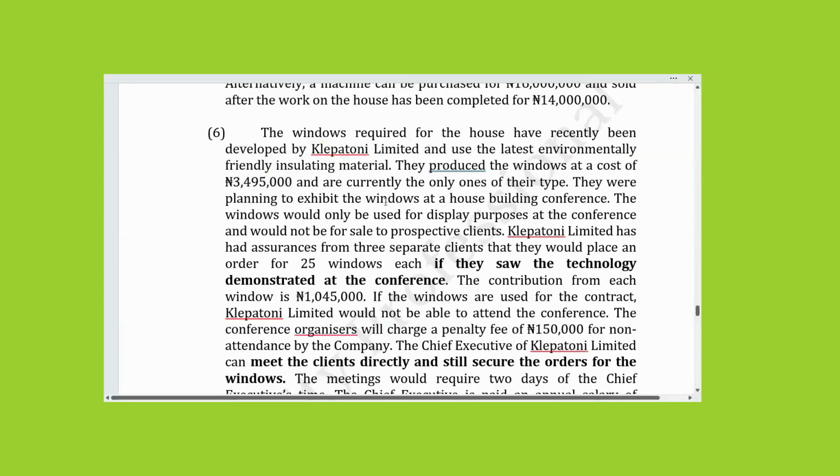They were planning to exhibit the windows at a house building conference. The windows would only be used for display purposes at the conference and will not be for sale to prospective clients. Clepatoni Limited has had assurances from 3 separate clients that they will place an order for 25 windows each if they saw the technology demonstrated at the conference.